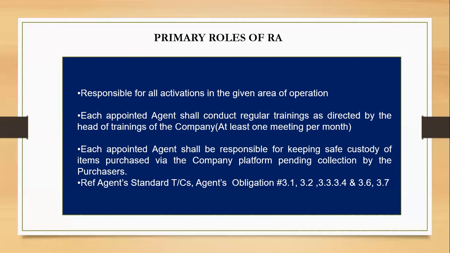All these are found in our agreement. When you're joining, there is an agreement that you sign with us. This is not just an online platform; we also have a physical address and, of course, documents.